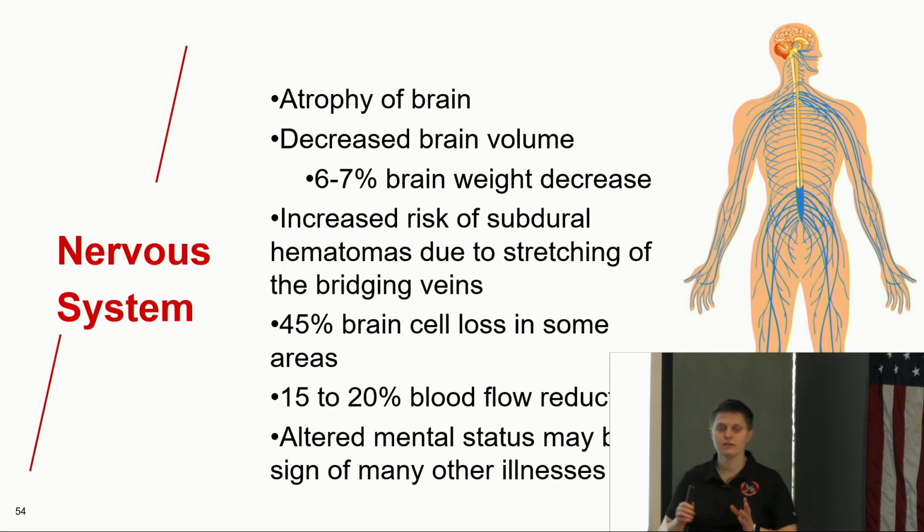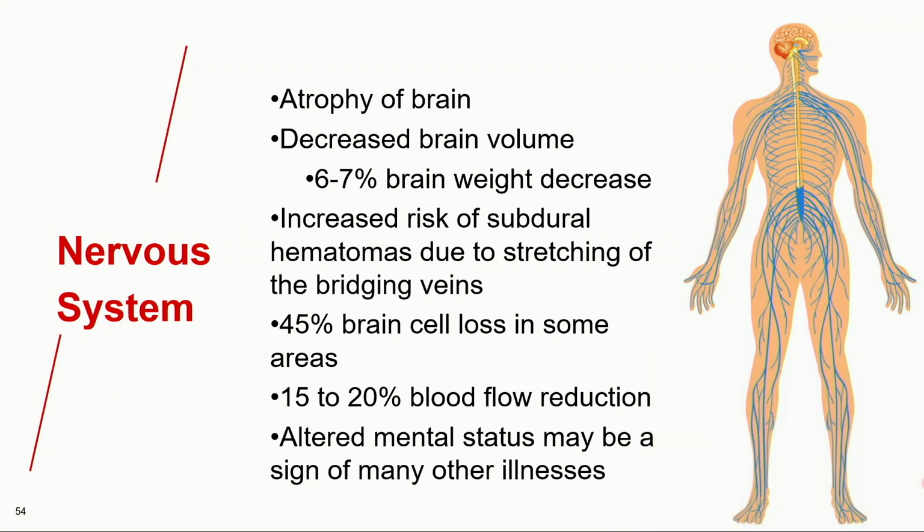All right, so we'll leave the respiratory system and the cardiovascular system and talk about the nervous system a little bit. So some typical changes with the elderly. We all experience some degree of brain atrophy. The brain volume decreases in size and weight. This changes our susceptibility to getting things like subdural hematomas because there's stretching of the veins that typically bridge between the brain and the skull, because the brain has kind of shrunk down.